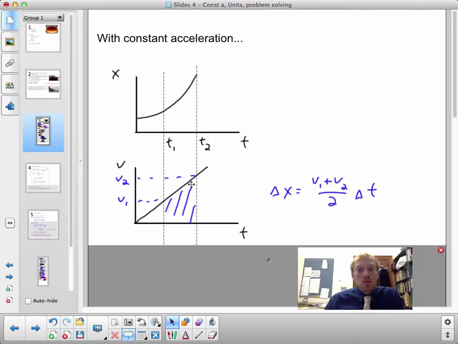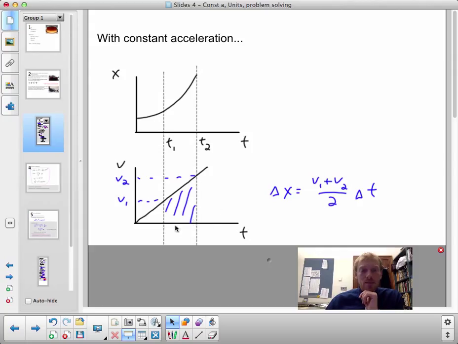And so I can use my geometry skills and remember that the formula for an area of a trapezoid is 1/2 times the sum of the bases times the height of the trapezoid. And in this case, the bases are these vertical pieces. Those are the parallel sides. This base on the left has a length of v1, and this base has a length of v2, so the sum of the bases is v1 plus v2.